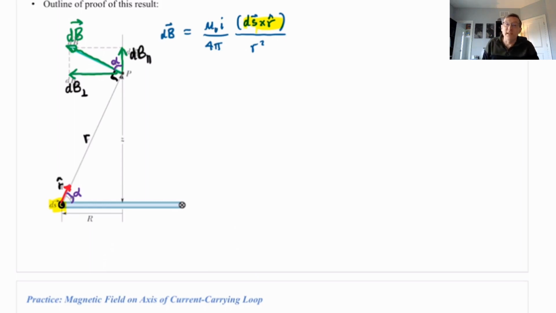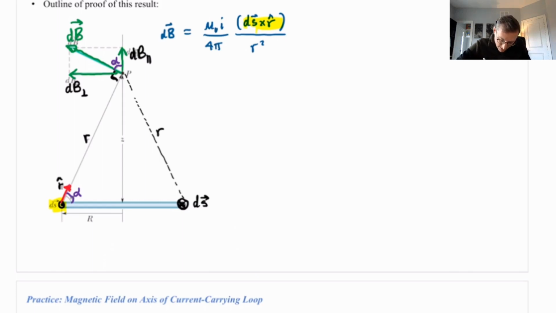It's convenient then to consider the diametrically opposed element, exactly across the diameter on the other side of the loop, which would have the current going away from us into the screen, ds, and the corresponding r distance. The point P would be that.